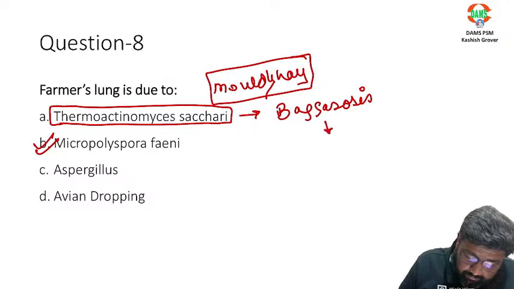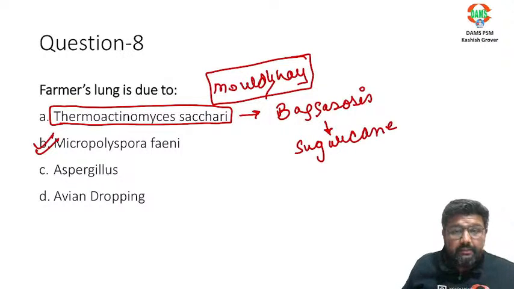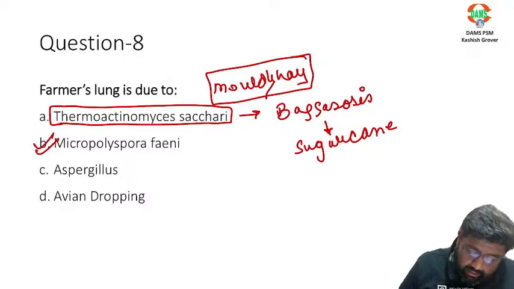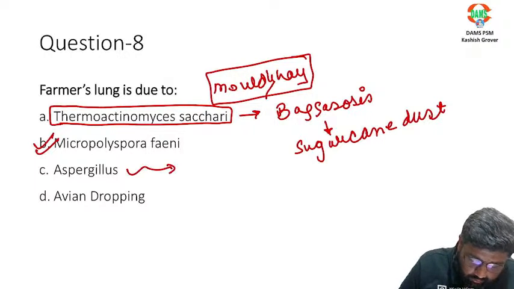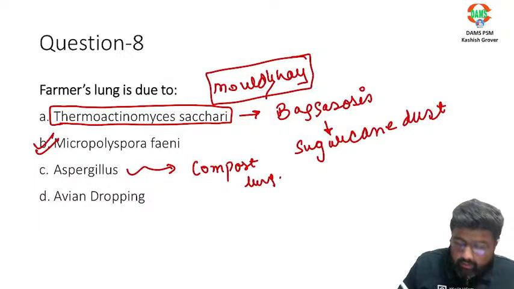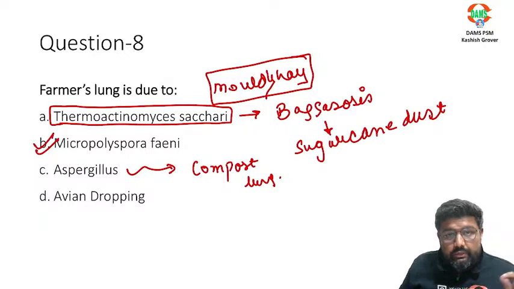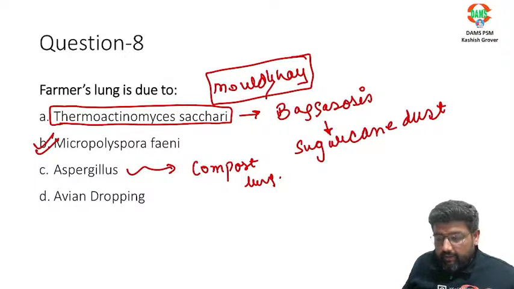This happens because of sugarcane dust. Aspergillus causes compost lung. Very good beta, very good.